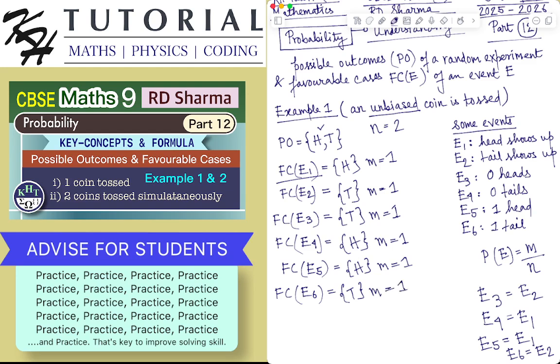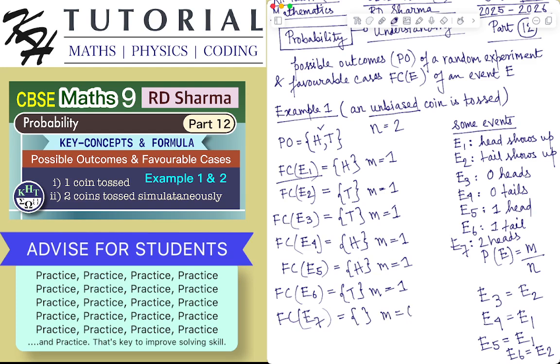Now if there was another event E7, two heads, quite obviously there is no outcome in the set of possible outcomes which satisfies the event two heads, because two heads can never show up as we are tossing only one coin. So the favorable cases of the event E7 will be empty. Empty set means there is no possible outcome satisfying the condition of the event E7.